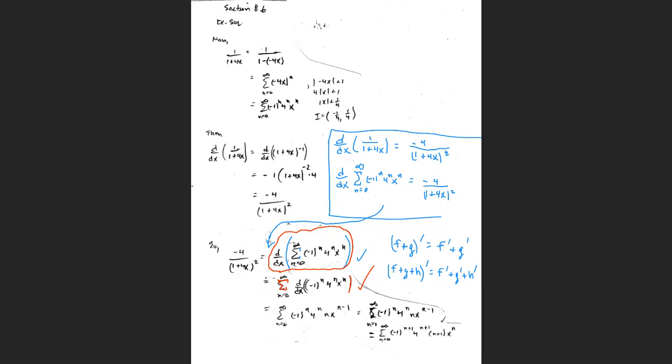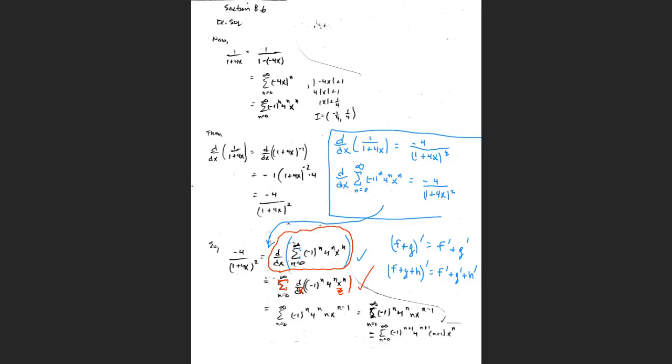All right, well, now we're differentiating with respect to the variable x. And x to the nth power is the only part of the function with an x in it.